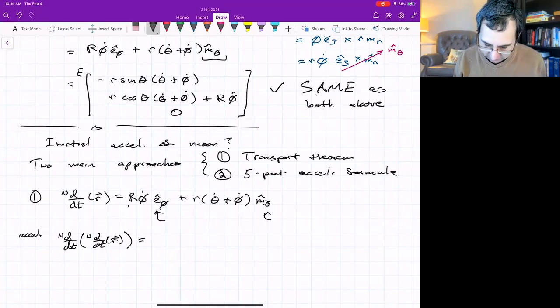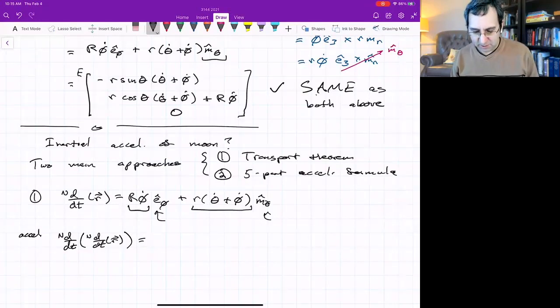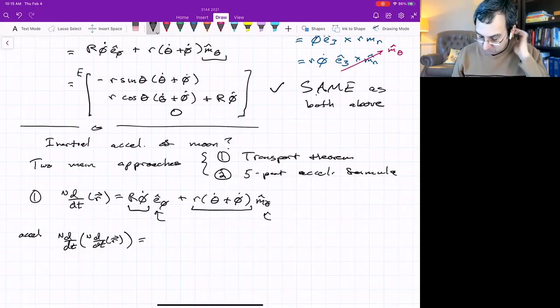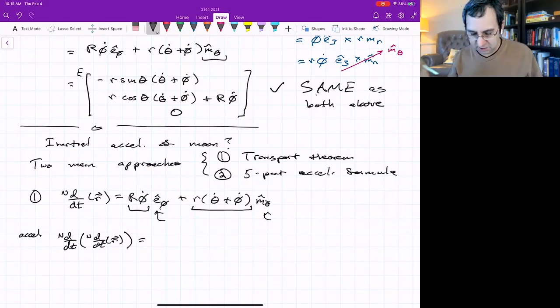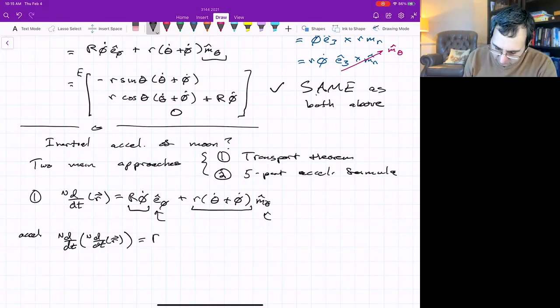Well, fortunately, these scalar expressions in front of the unit vectors do not change in time. They're constant, because we're saying theta dot is a constant and phi dot is a constant. So if you take their derivatives, you won't get anything. So the only thing that contributes something is, we could write it this way.